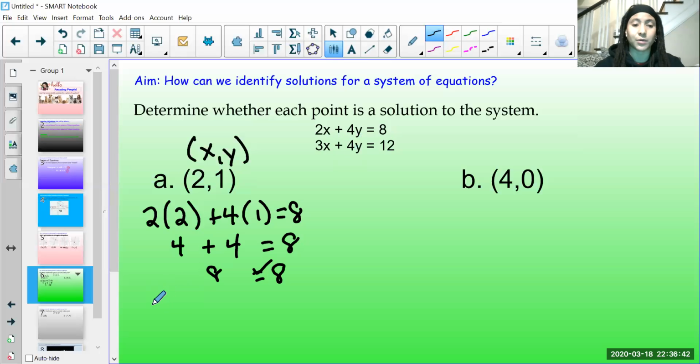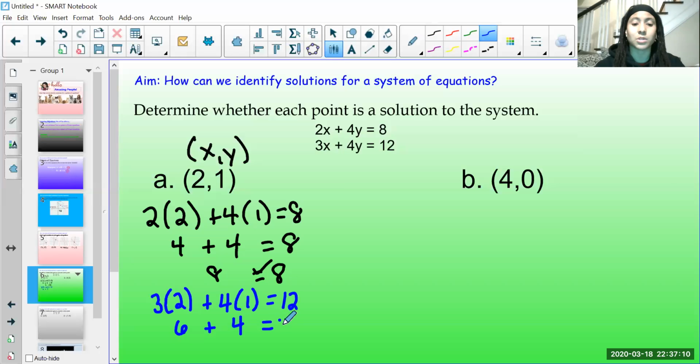So now I have to do 3 times x, which is still 2, plus 4 times y, which is still 1. Does it equal 12? 3 times 2 is 6. 4 times 1 is 4.